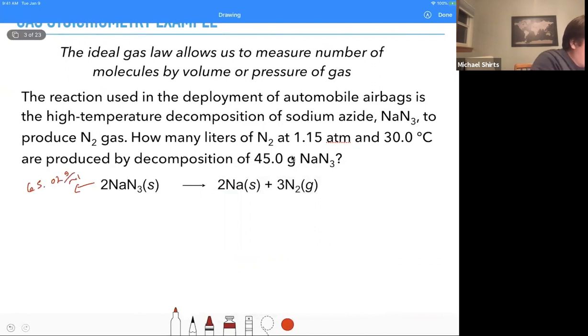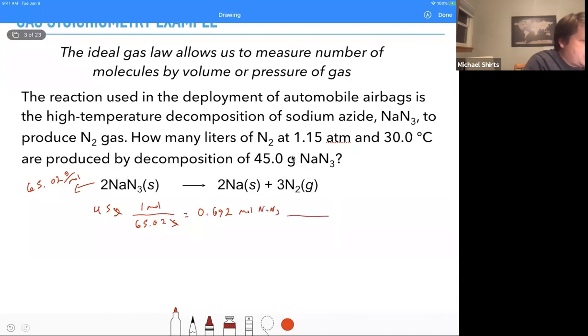So 45 grams of sodium azide, times 1 mole per 65.02 grams, would give us 0.692 moles of sodium azide. And actually, we don't need to calculate it. That's fine.